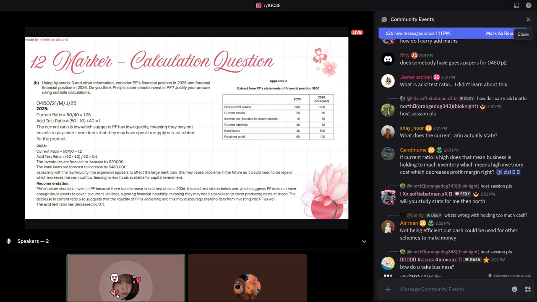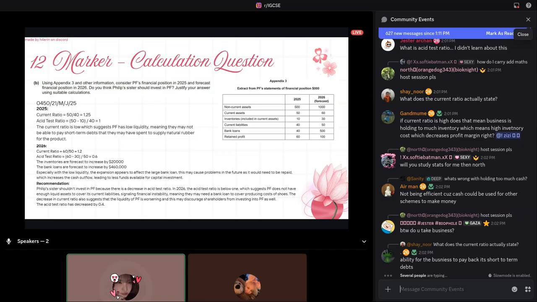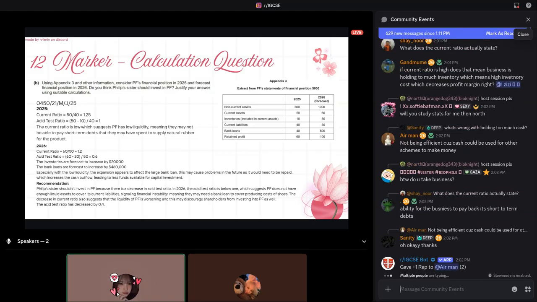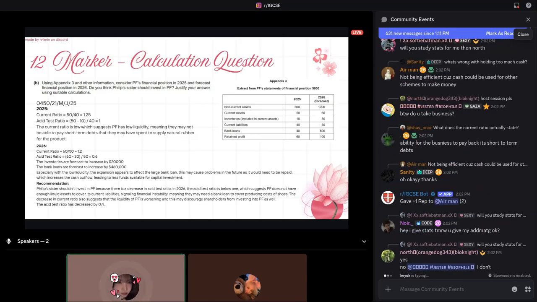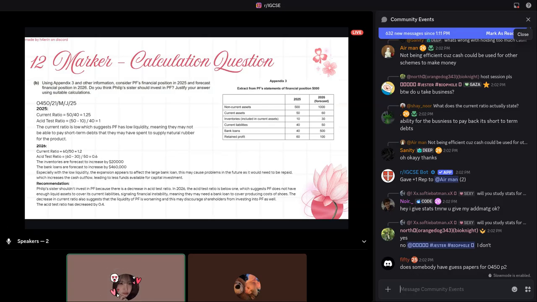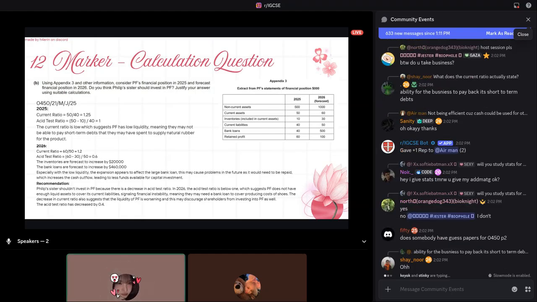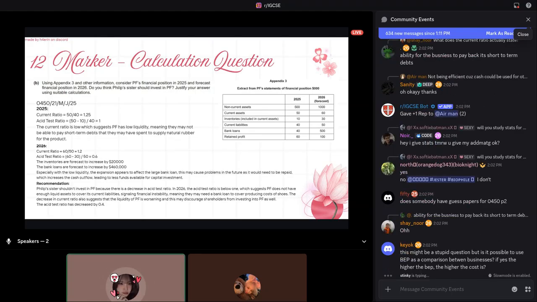If current ratio is high, does that mean business is holding too much inventory, which means high inventory cost, which decreases profit margin, right? High inventory cost means an increase in cash outflow. I don't see how it's related to profit.